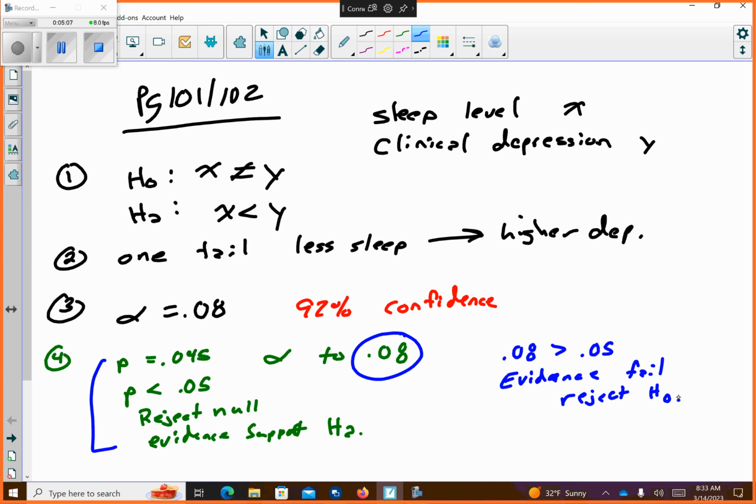Our p-value is saying let's reject the null, and this 0.08 is saying we have evidence to fail to reject the null. So this is going to lead us into our type 1 and type 2 errors. All right, so 4, 5: which error is plausible in this scenario?